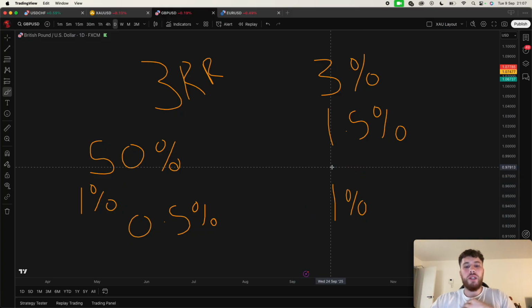Me personally, I take a 50% partial when my trade hits 3RR. This just means that I can allow my trade to breathe without having to move my stop loss to entry, which gives price full range to do what it needs to do, but it also guarantees that I walk away with at least 1% from the position.